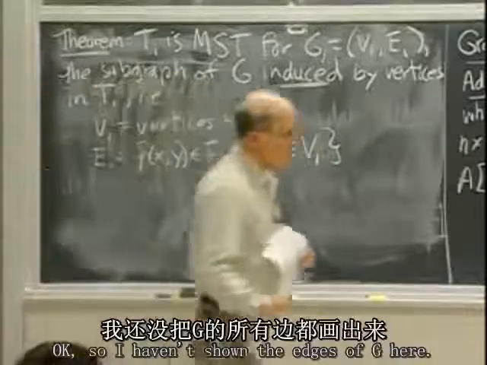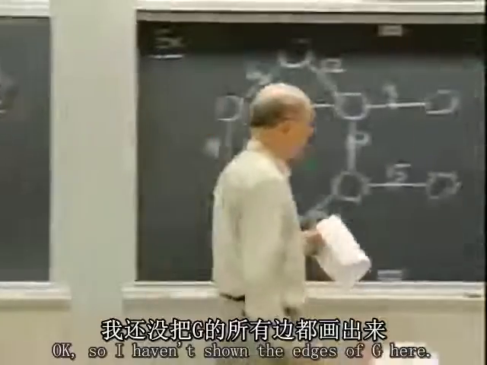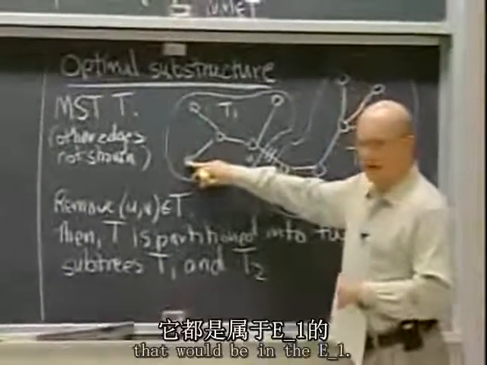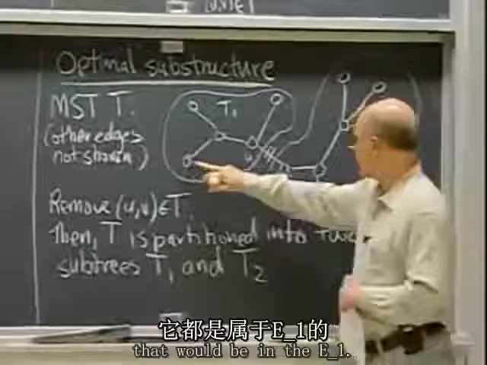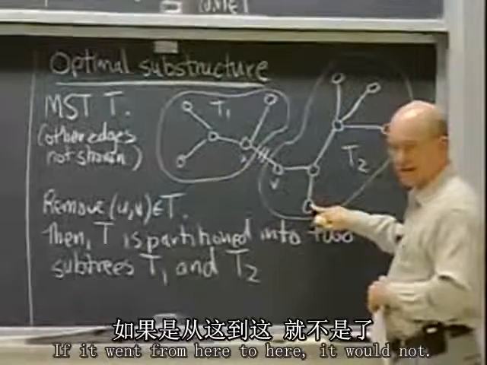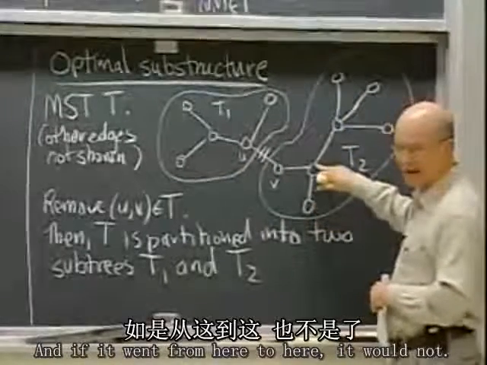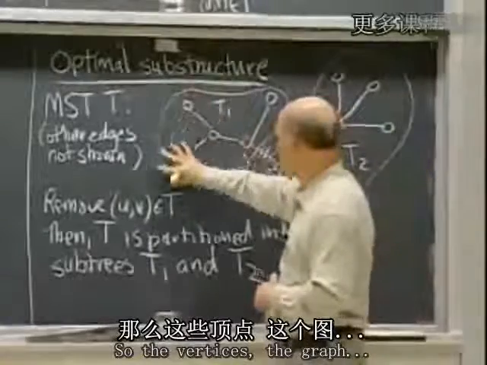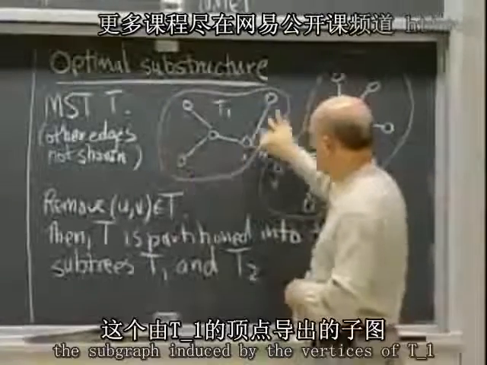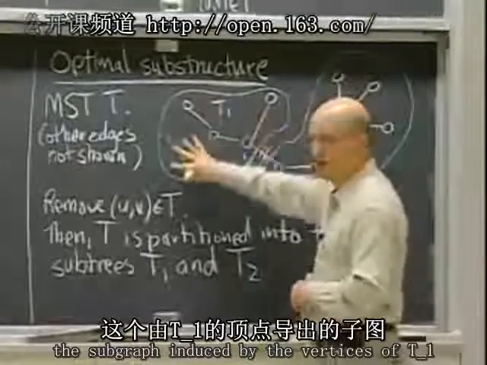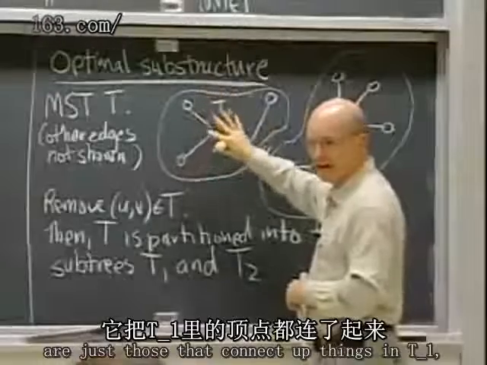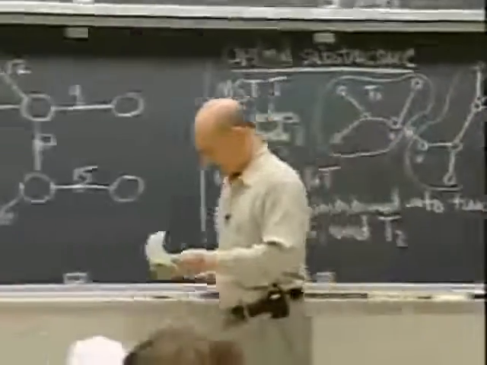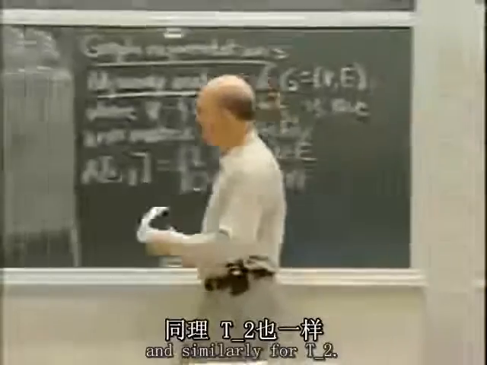Okay? So I haven't shown the edges of G here, but basically, if an edge went from here to here, that would be in E1. If it went from here to here, it would not. And if it went from here to here, it would not. Okay? So the subgraph induced by the vertices of T1 are just those edges that connect up things in V1. Okay? And similarly for T2.